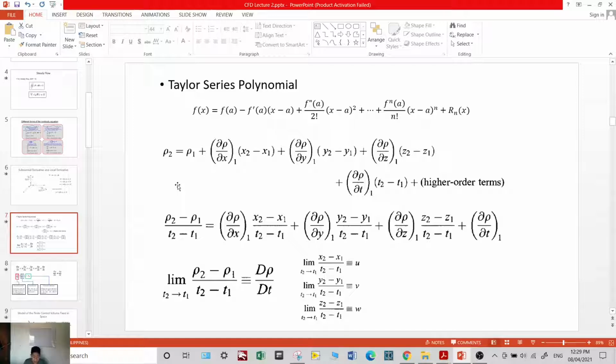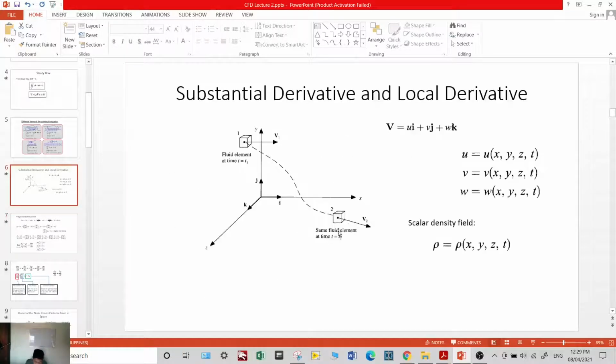Therefore, ang imo ang rho sub 2 is just equal to kaning f of a, which is unsay value niyo sa density at point 1 plus partial of rho with respect to x, x2 minus x1. x2 minus x1 is kani x2 minus x1. So, ang distance nilang duha.